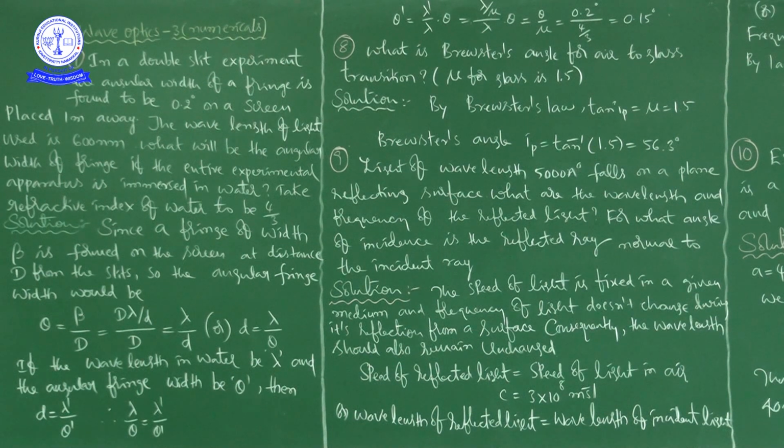So the angular fringe width in terms of the wavelength of light used and the distance between the two slits is lambda by d. When theta is equal to lambda by d, mathematically you can write it as d is equal to lambda by theta. Okay, right. When d is equal to lambda by theta, see here next one.